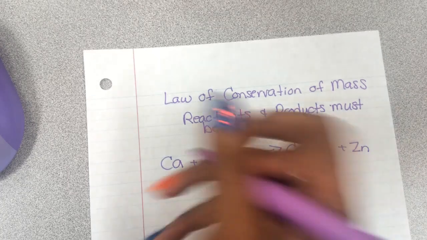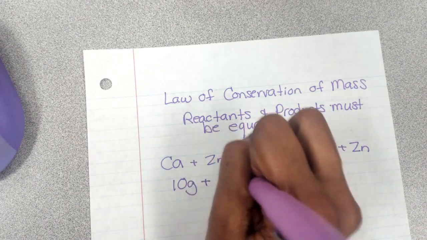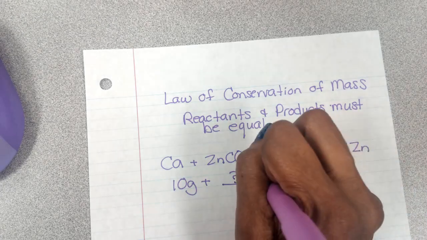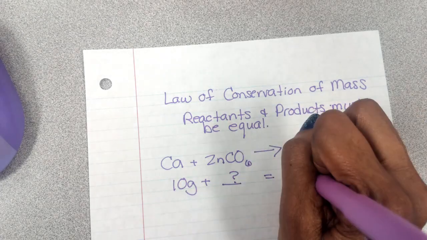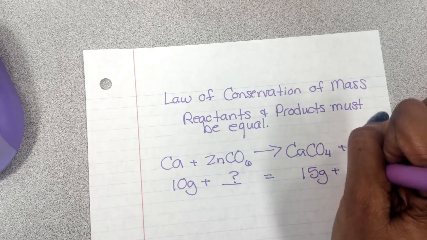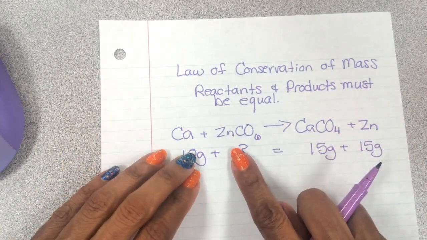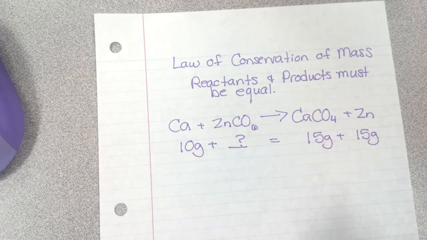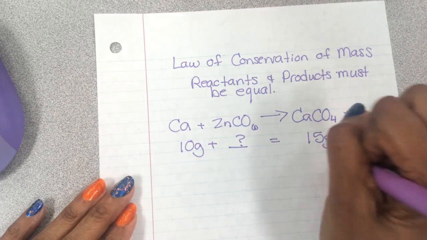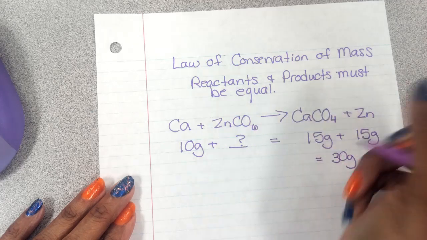Okay, so let's say I have 10 grams of this plus, equals, I have 15 grams plus 15 grams. So my reactants and products have to be equal. I have 30 grams total over here, and this is kind of like math.